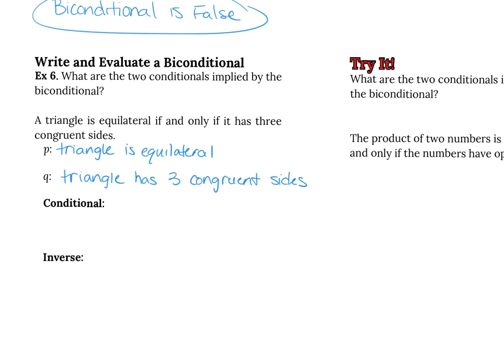All right, so our conditional is that a triangle is equilateral if it has three congruent sides. So if a triangle is equilateral, then it has three congruent sides.